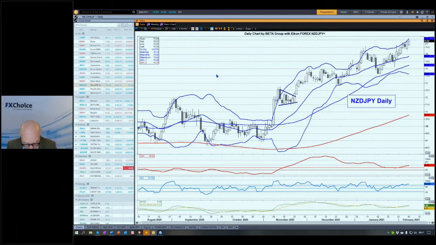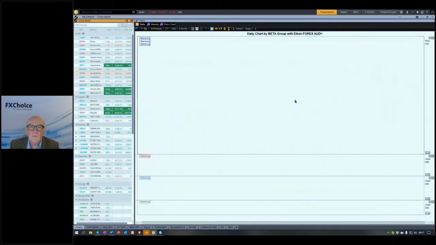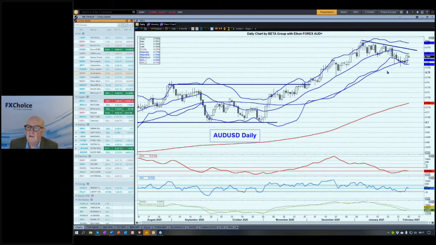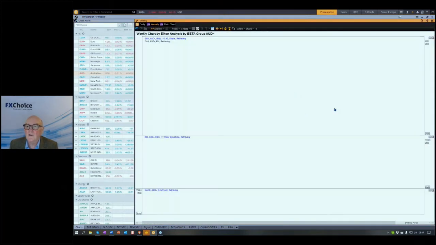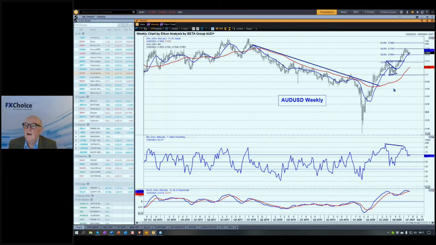So the next one I'd like to do, and the last one I think before we go to cryptos, is the Australian dollar. And I think also we've got something important going on here. Let's go to the weekly chart, big picture firstly. So I've been very bullish of it. I think we're in part of the journey.